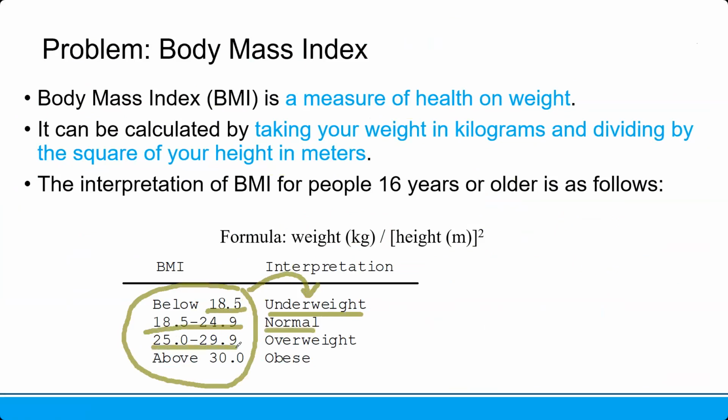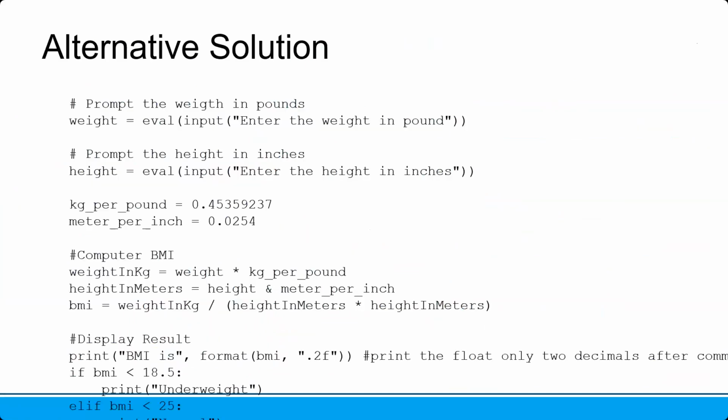If in between this number, overweight, and if above 30, then obese. Now, how can we make the if? I give the solution.